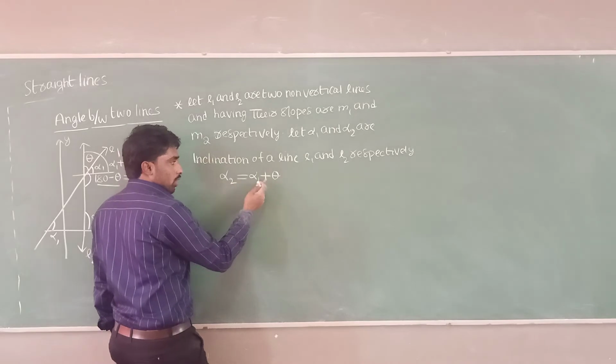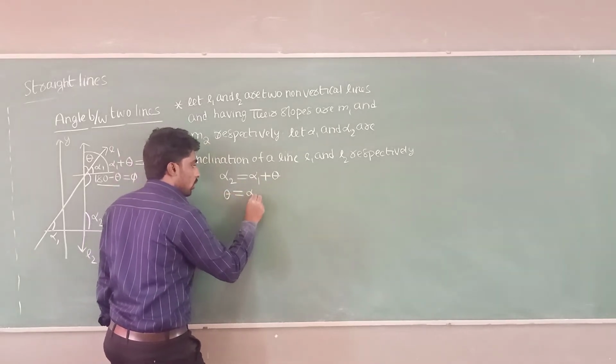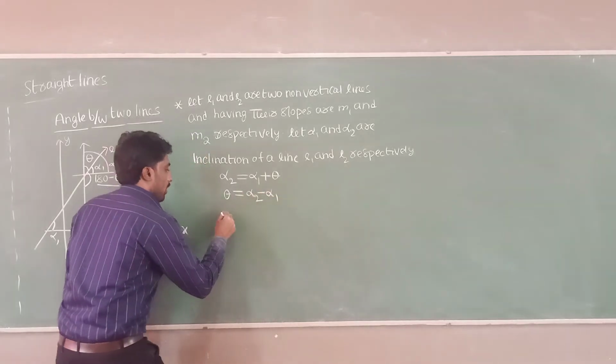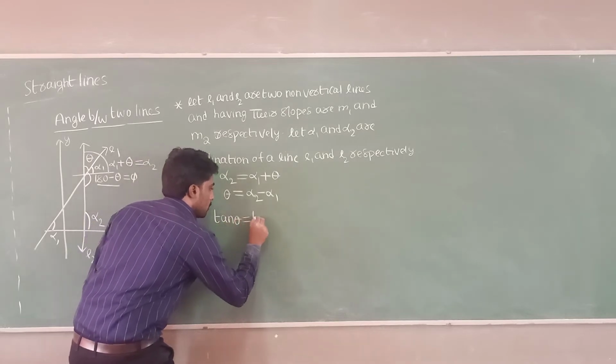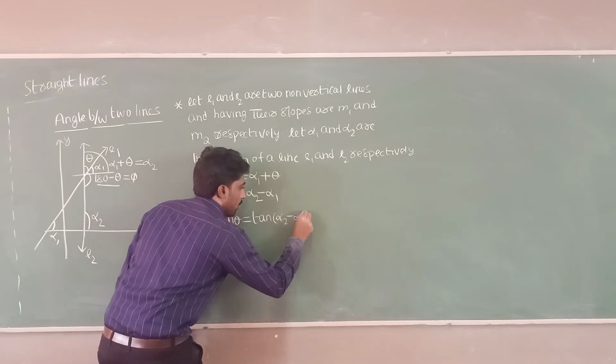If alpha 1 comes to this side, theta equals alpha 2 minus alpha 1. If I apply tan on both sides, tan theta equals tan of alpha 2 minus alpha 1.